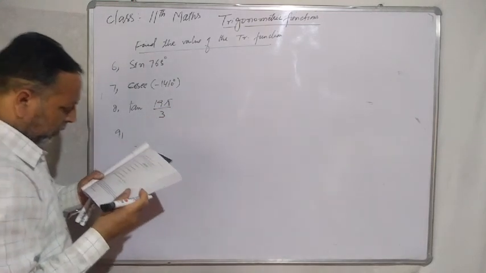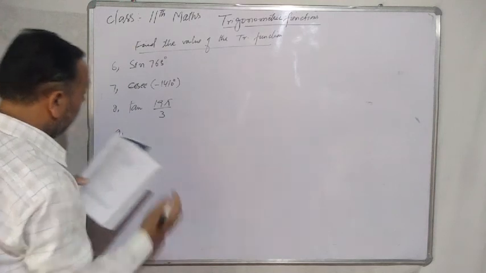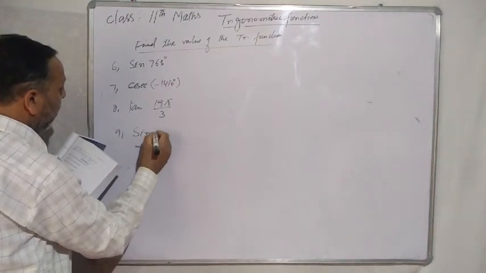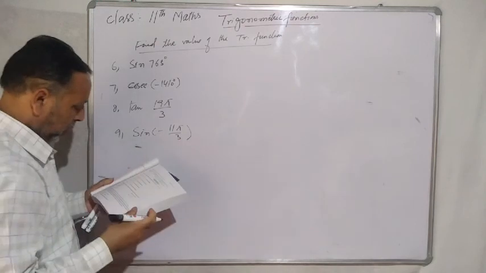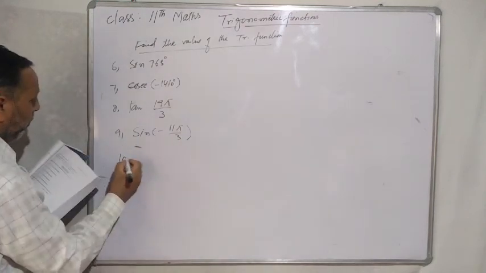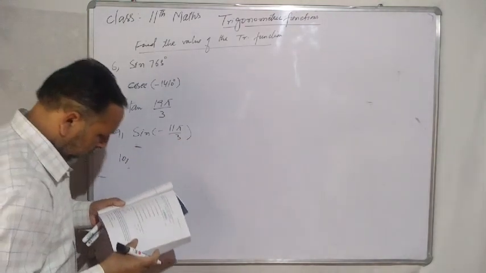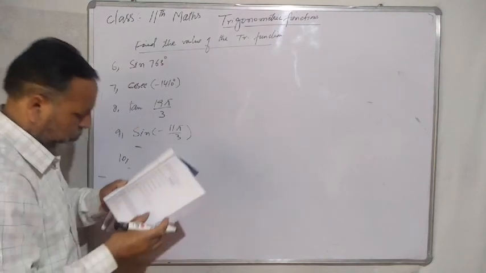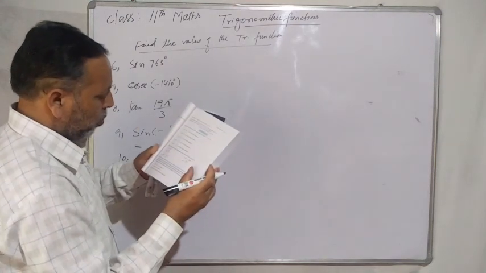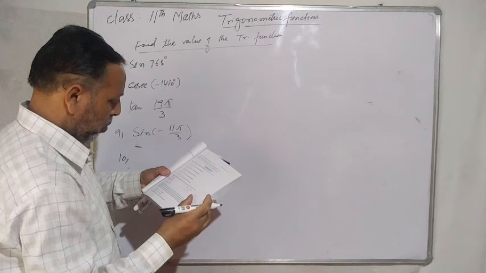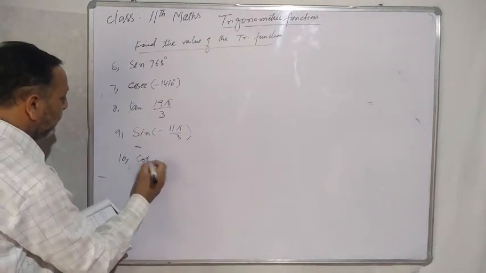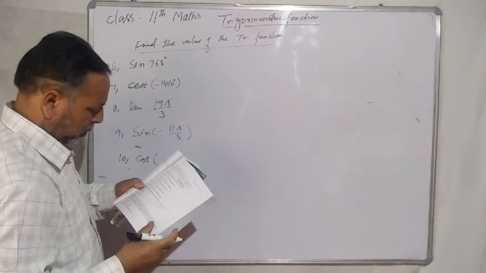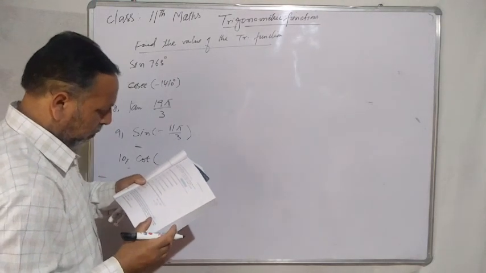Ninth is sine minus 11 pi by 3. And 10 is cot 15 pi by 4.